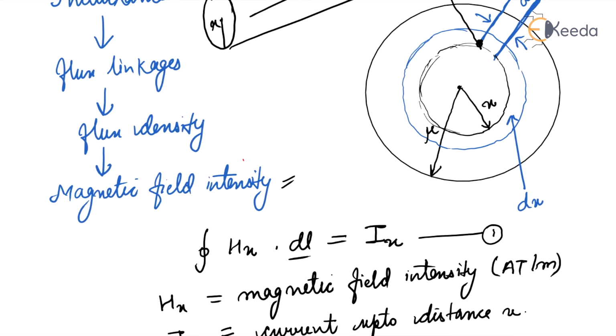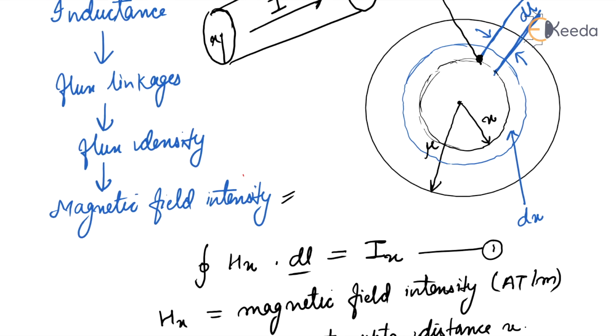Now consider this whole conductor. There is a current passing in it, and consider this smaller part of radius x, and the whole conductor of radius r. That part also carries a current, and the current carried in this part is different from the current carried in the whole conductor.